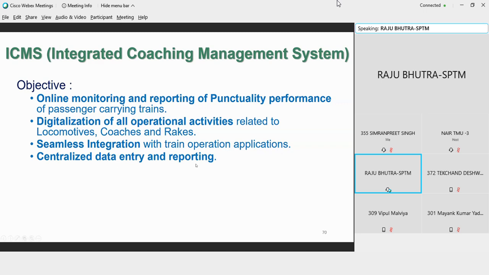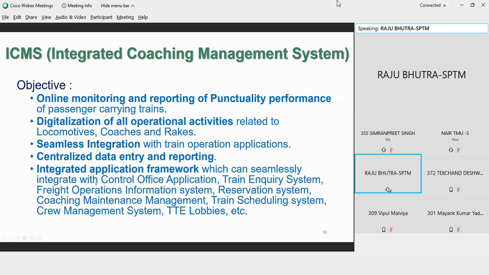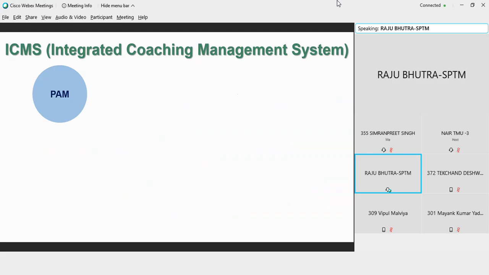Centralized data entry and reporting is an integrated application framework which can be seamlessly integrated with COA, TES, FIS, reservation system, coaching maintenance management, train scheduling system, crew management system, and TT logs. So, a lot of integration has also been done.